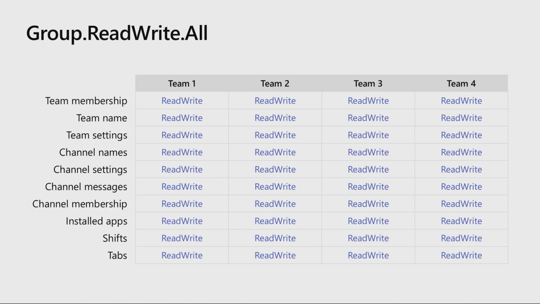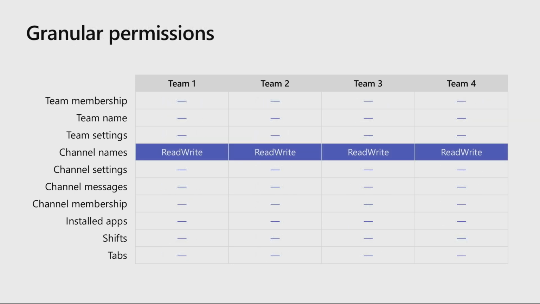Now, if any app developer is leveraging Group.ReadWrite.All, it provides access to all those different sets of permissions across all the teams. So the app would be able to look at team name across all the teams. Whereas by leveraging the granular permissions, they can be very specific that if the app needs access to the channel names, the app would get access to the channel names across all the teams.